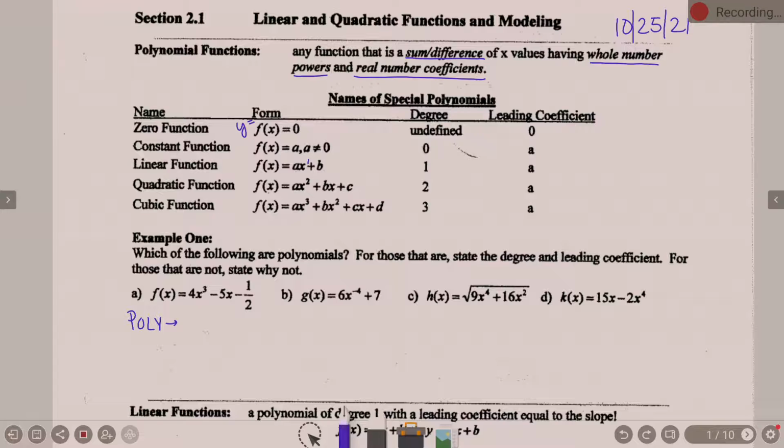Jacob's giving me a thumbs up back there. Meets the definition, doesn't it? It's adding, subtracting terms, all real numbers, whole number powers. So yes, it is a polynomial. Well, so then if it is, we need to talk about the degree and the leading coefficient.